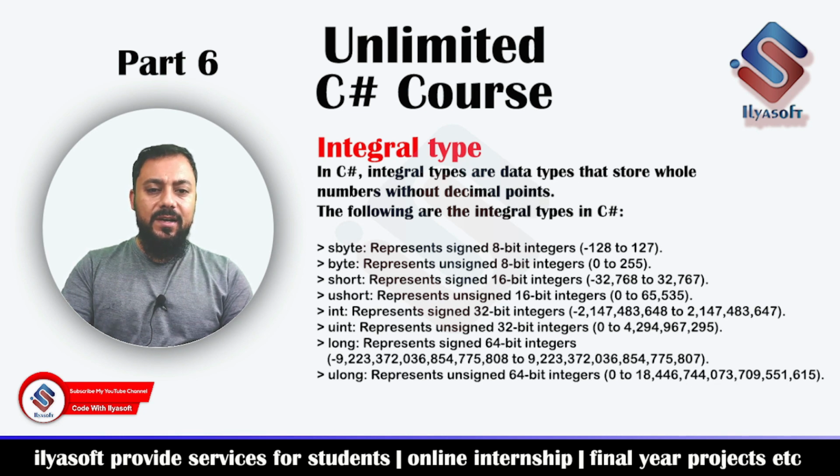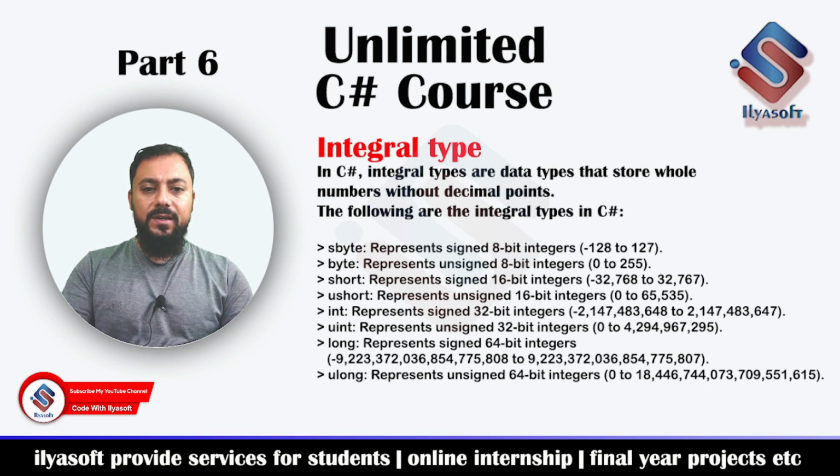This is the range of the data type. Sbyte is a signed 8-bit integer and byte is an unsigned 8-bit integer, and the same goes for short, ushort, int, uint, long and ulong. The difference is just the range.